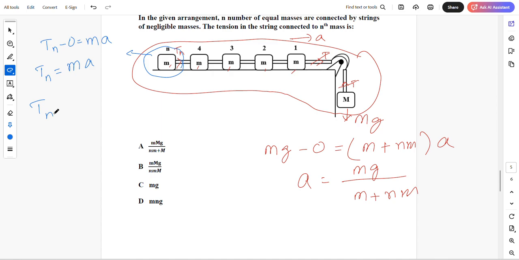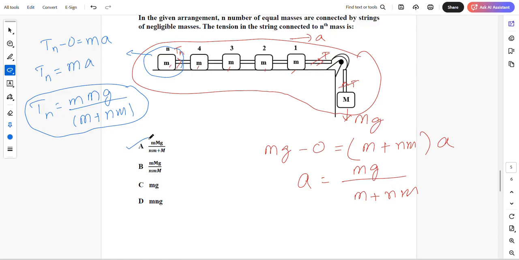A we just now got as mg divided by m plus nm. That is the tension in the nth mass due to the string connected to it. Tn is equal to m into mg divided by m plus nm.